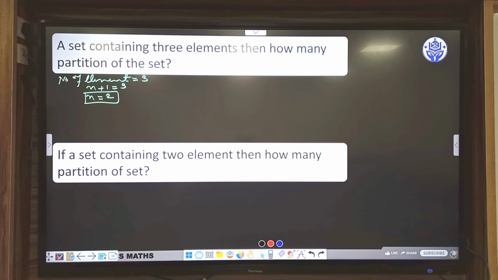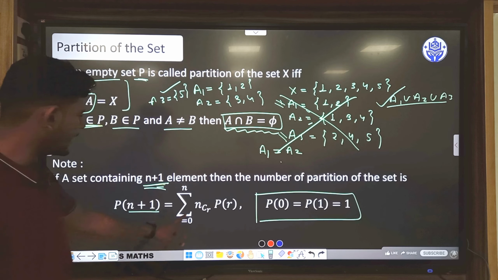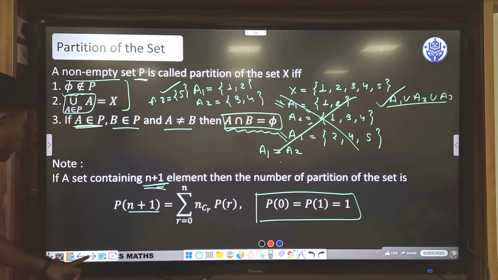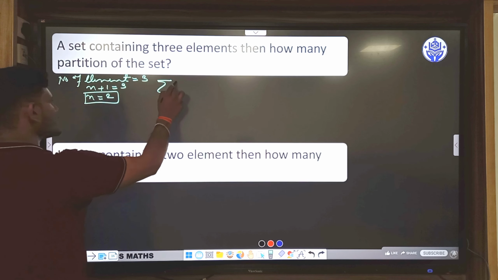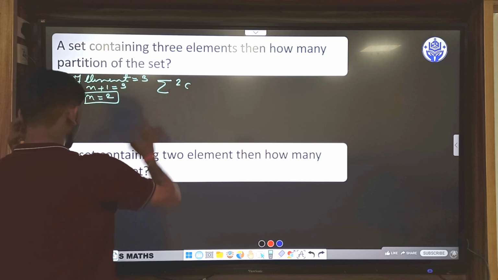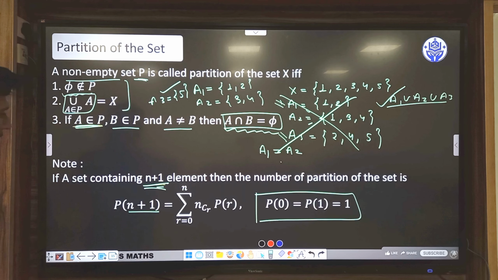If it is n plus 1, then what is the formula here? The formula is the summation of nCr times P(r). Let me check.